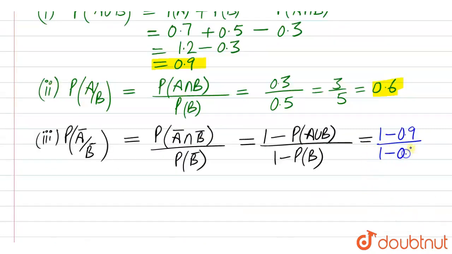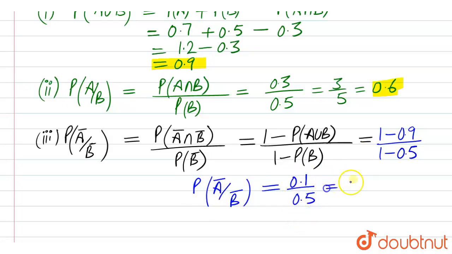So this is 1 minus 0.5. So this becomes equal to probability of A complement by B complement is equal to 0.1 divided by 0.5, which is 1 by 5, equal to 0.2. So this is the answer for the third part, 0.2.